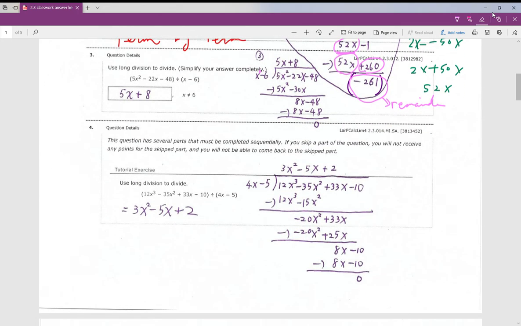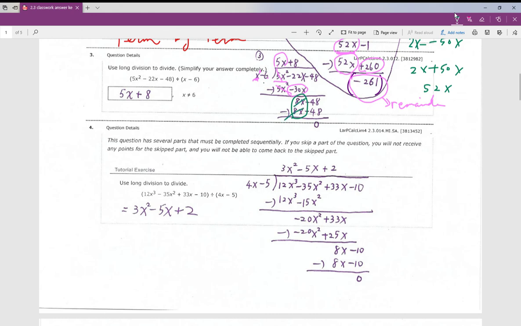Therefore, first you want to create a 5x squared. So you multiply 5x to here. Then you get rid of 5x squared. So 5 times 6, negative 30. With subtraction, take away negative, becomes plus. So you have 8x. And the next step, you want to create an 8x and subtract, make it gone.